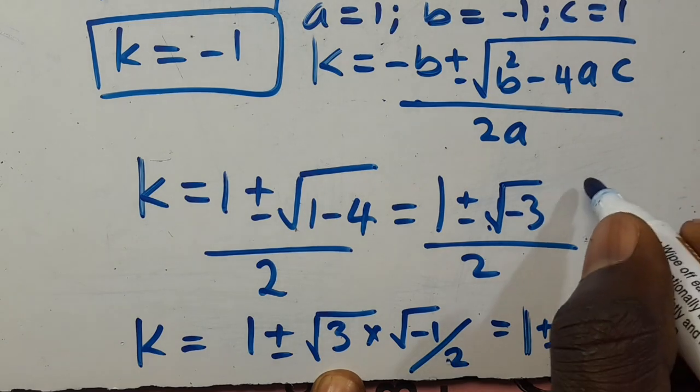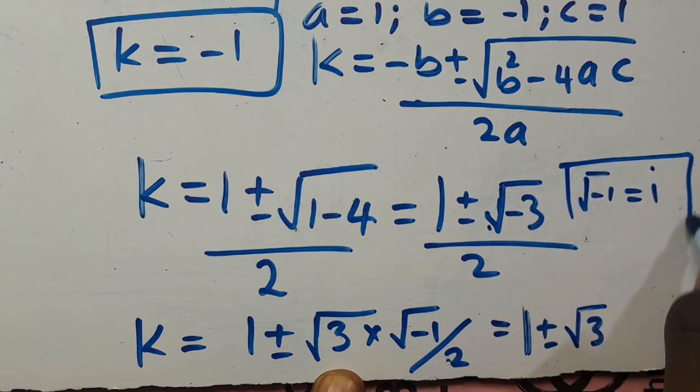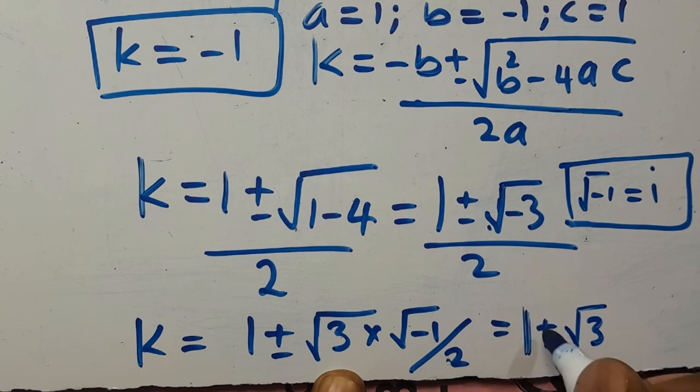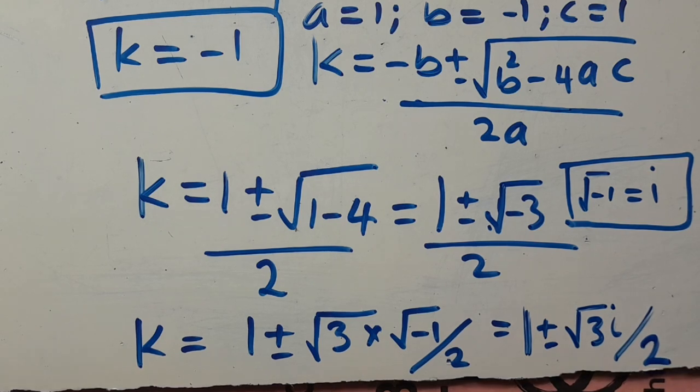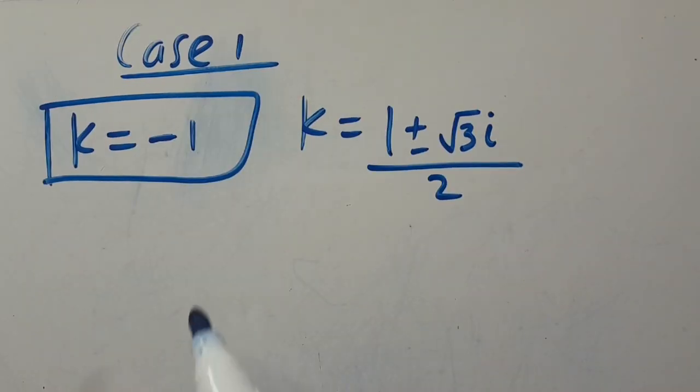But remember that when you have root of -1 equals i in a complex space, so here will now be 1 positive or negative root 3i divided by 2. That is the first complex solution for case 1. So for case 1 we have this.